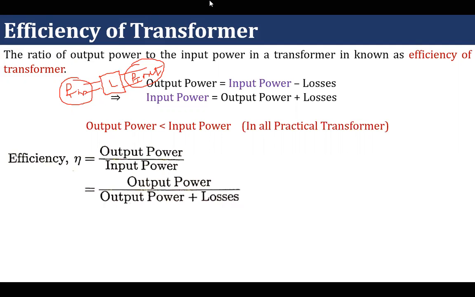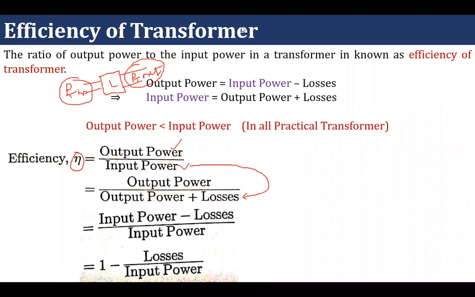Now, what is the efficiency? Efficiency is represented by eta, and it is a ratio of output power upon input power. Now, we can replace this input power in the form of losses and output power. So, the formula will become output power upon output power plus losses.